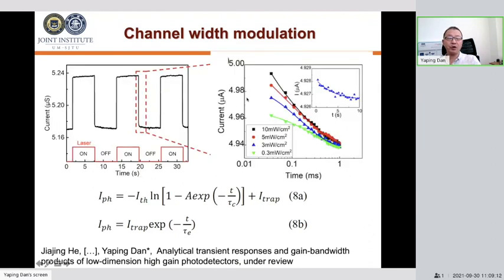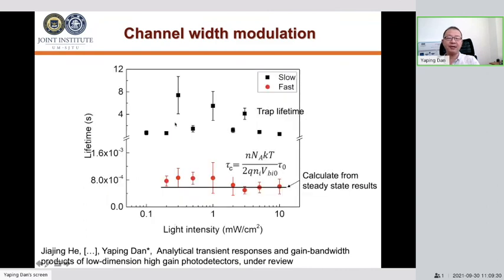Experimentally, we find that our equation can fit experimental results very well, depending on different light intensity, and the tail can also be fit by a simple exponential term. From the fitting, we find the trap lifetime is relatively long, around several seconds, and the surface depletion region relaxation is about milliseconds.